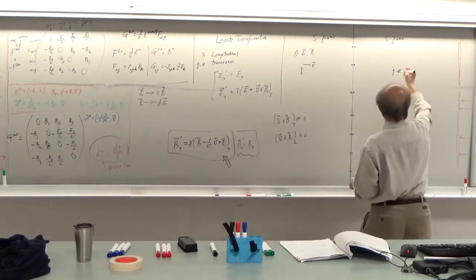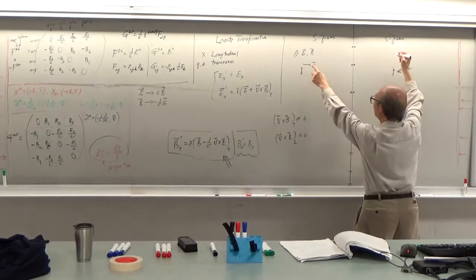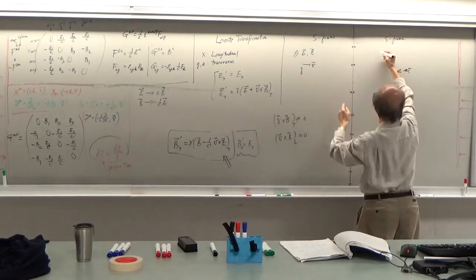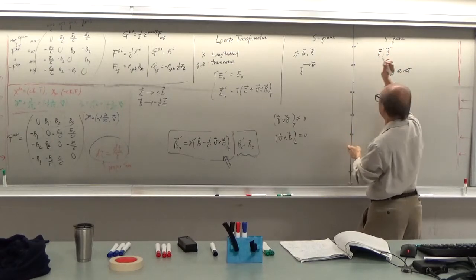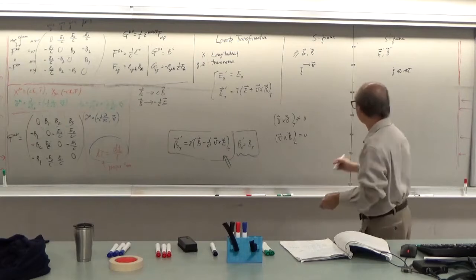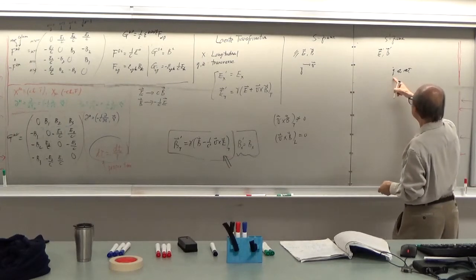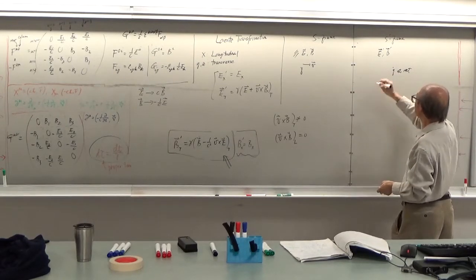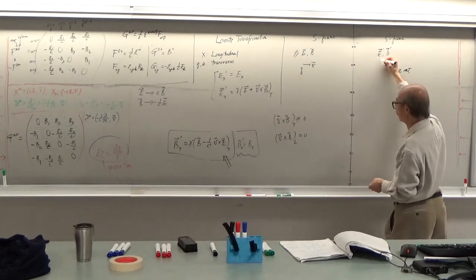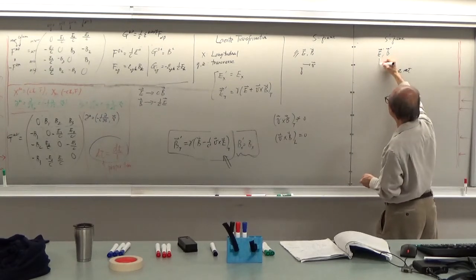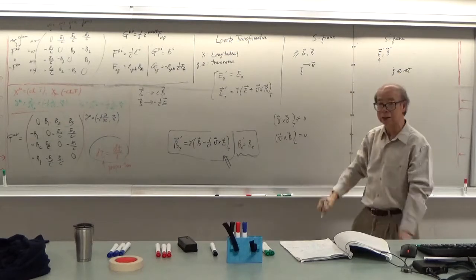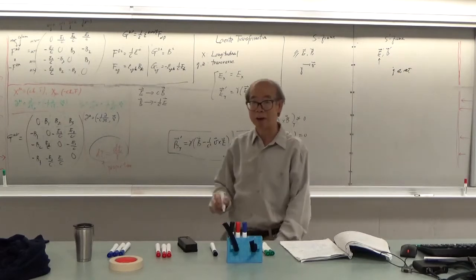In the S prime frame, we will be in the presence of an electric field E prime and a magnetic field B prime. But since the charge Q is at rest, from our study of electrostatics, it will feel only the force due to the electric field E prime.